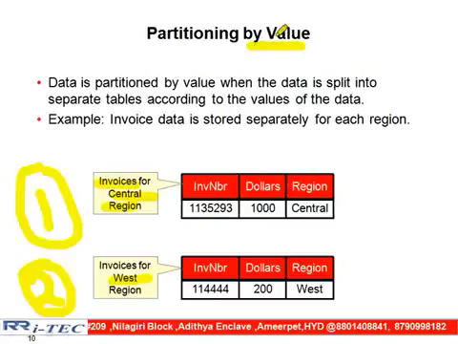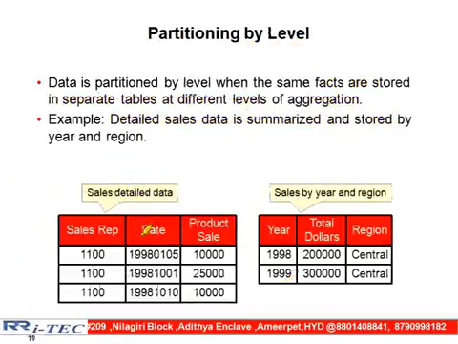That is called partitioning by value. Data is partitioned by value when the data is split into separate tables according to the values of the data. Example, invoice data is stored separately for each region. For central region I am storing separately, for west region I am storing separately.